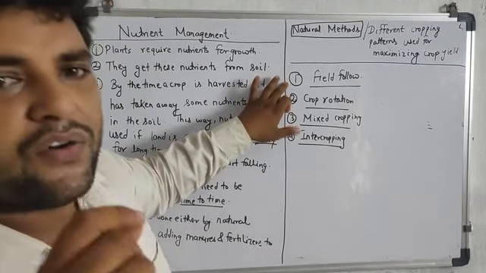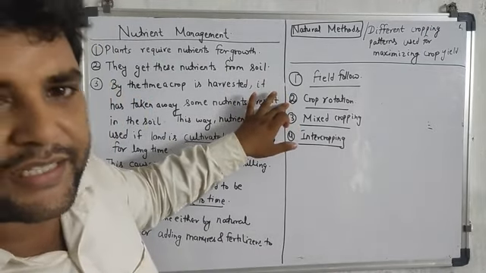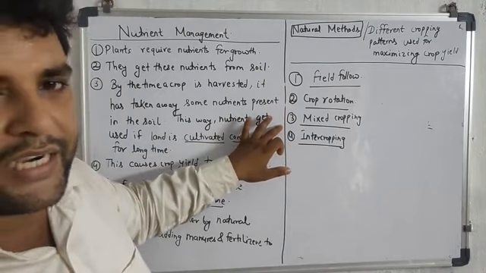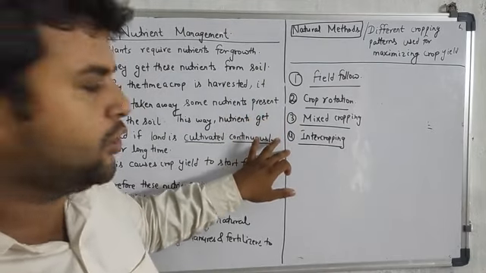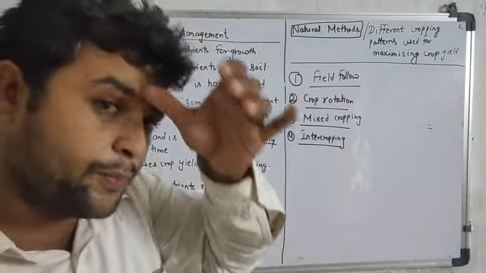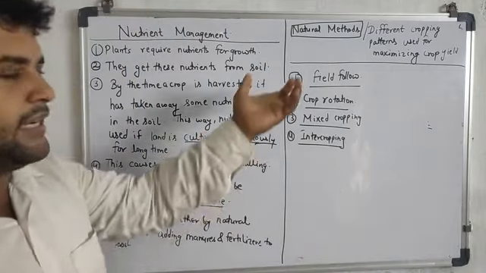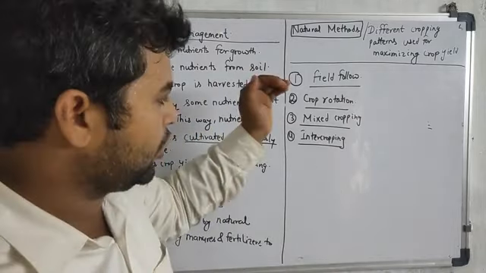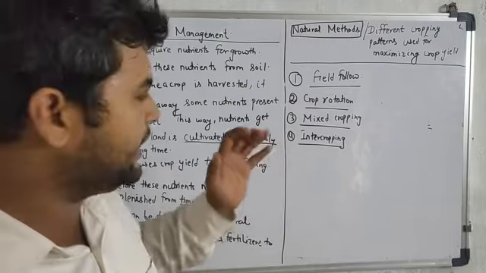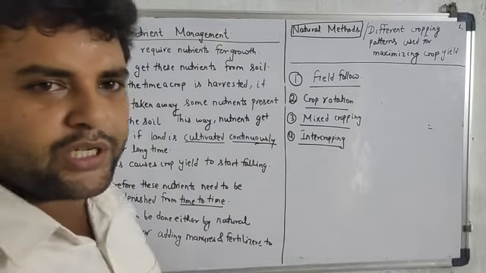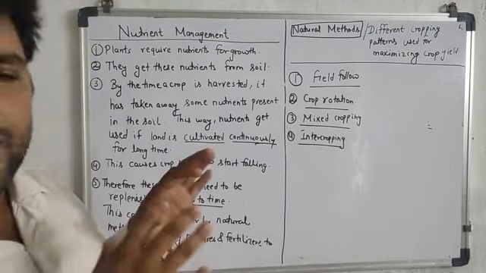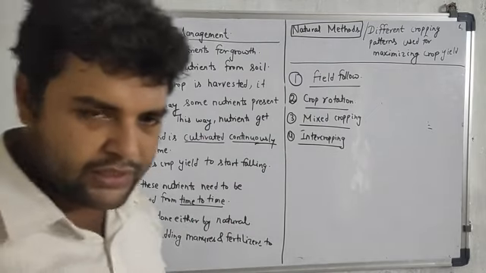First, field fallow. Second, crop rotation. Third, mixed cropping. And fourth, intercropping. Note down, these are the natural methods. We are going to discuss each type of cropping pattern in detail. Let us continue.